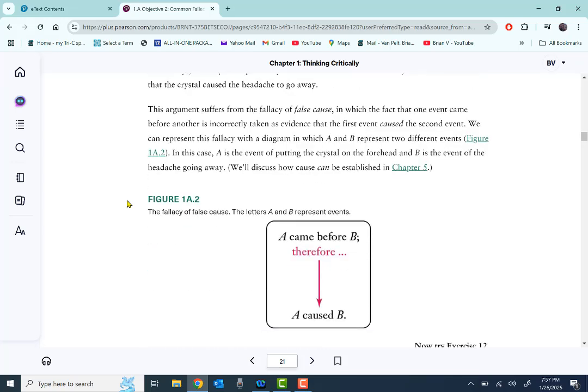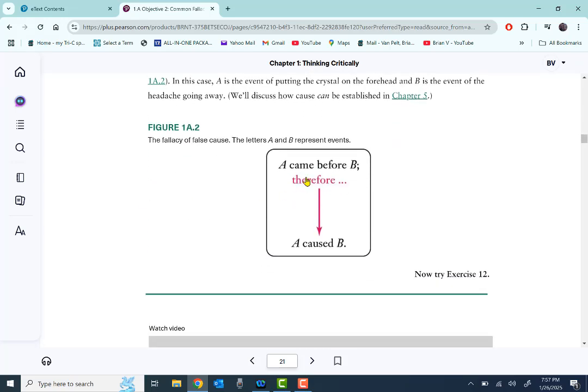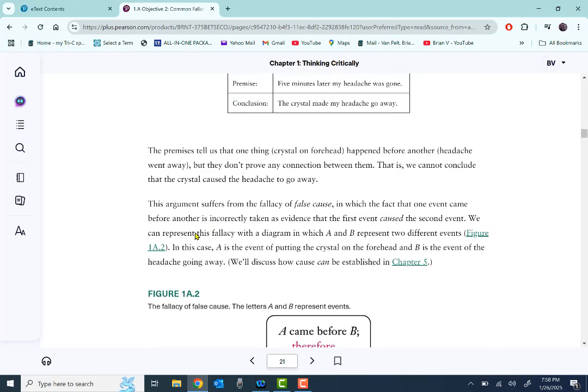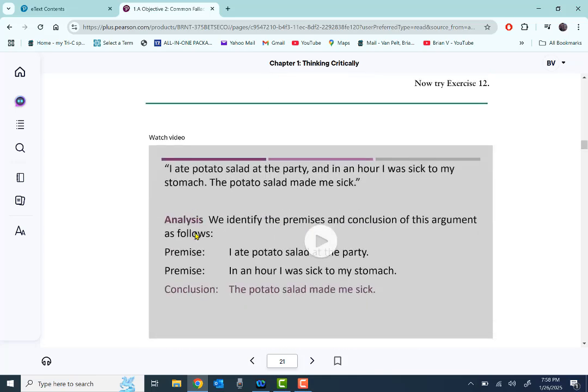The diagram for this looks like this. A came before B, therefore A caused B. So in my example, you could be looking at A as being the vaccination, and B was, say, the cancer. So you might want to write yourself a note that this is like confirmation bias.